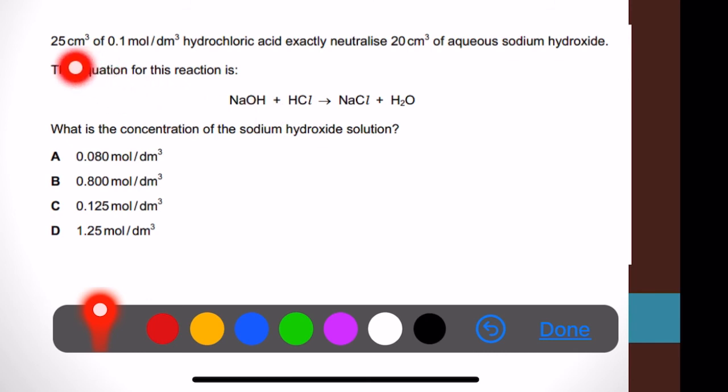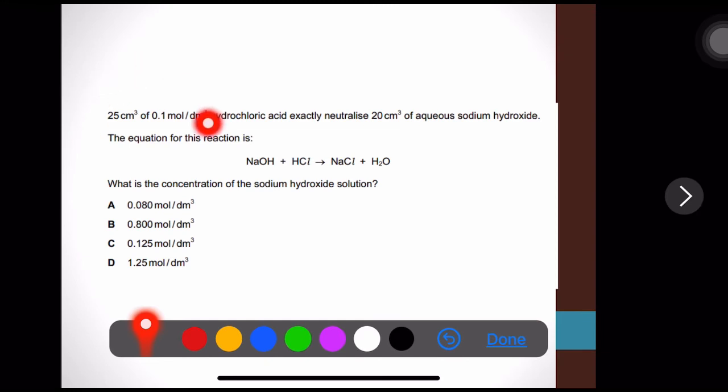They have given us the volume and concentration of HCl. If you are given volume and concentration, you can easily find the number of moles. Number of moles is equal to volume times concentration. So we will calculate the number of moles of HCl first.